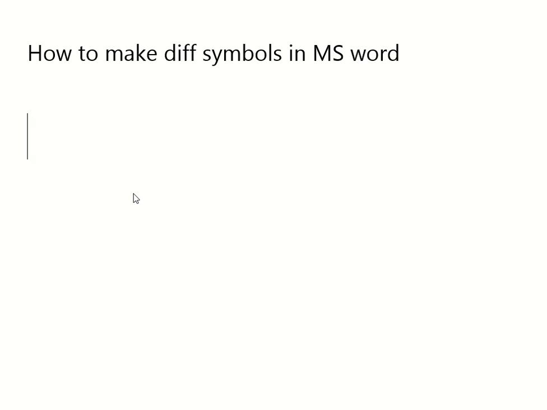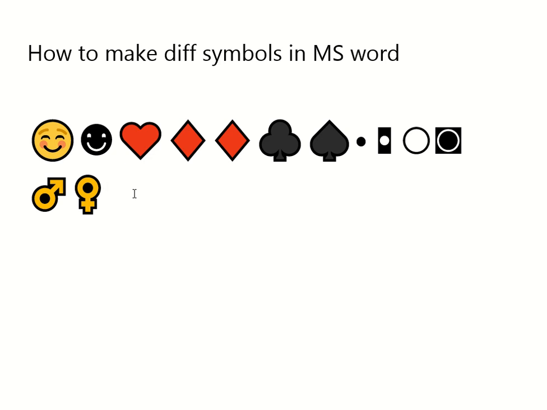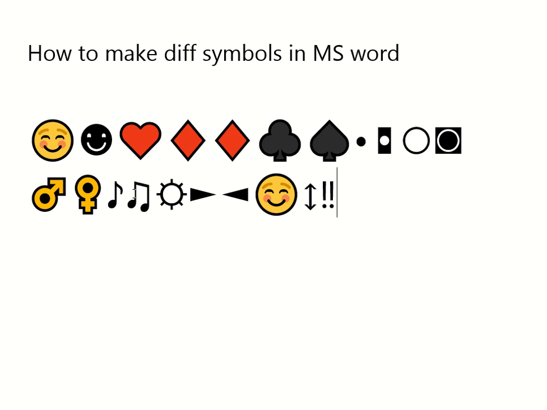So first we have to press Alt, press 1, Alt 2, Alt 3, 4, Alt 4, Alt 5, Alt 6, Alt 7, Alt 8, Alt 9, Alt 10, Alt 11, Alt 12, Alt 13, Alt 14, Alt 15, Alt 16, Alt 17, Alt 18, Alt 19, Alt 20. So you can see you can make different symbols by using this one.